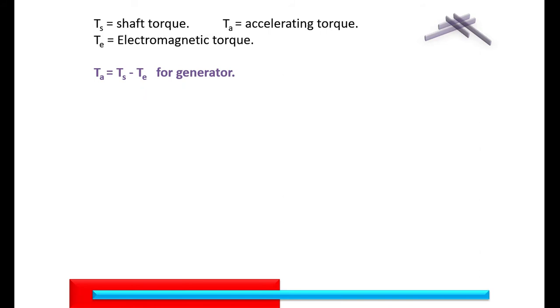In that case, our TA will be TE minus TS, because TE is the input for the motor and TS is the output for the motor.